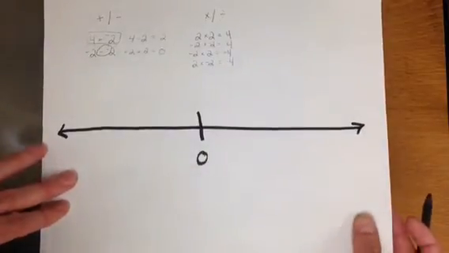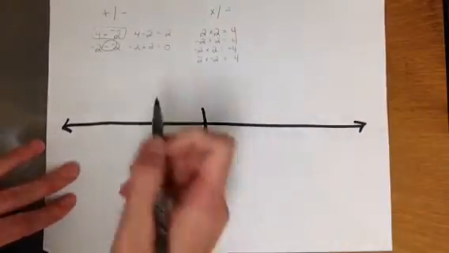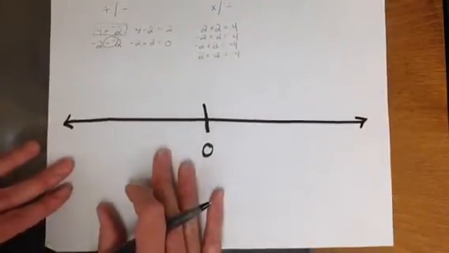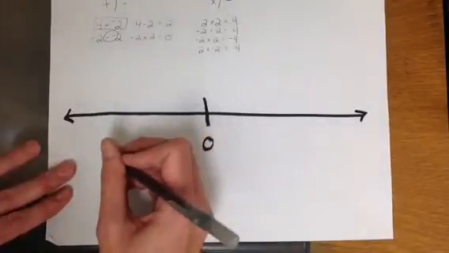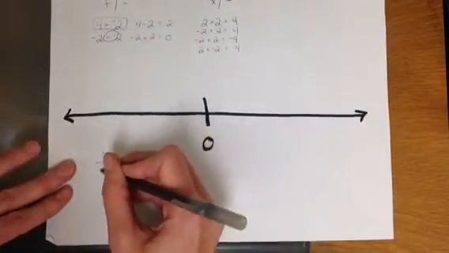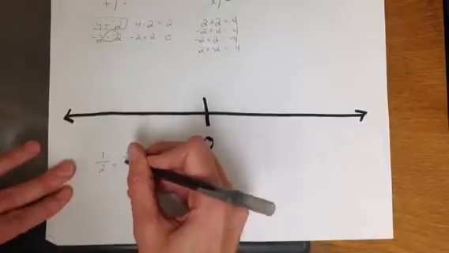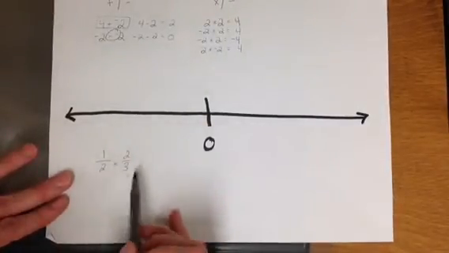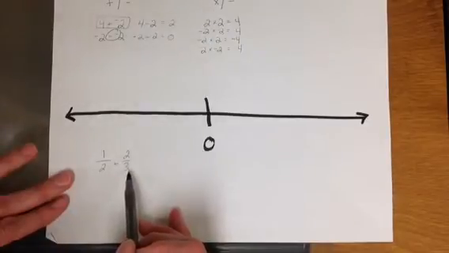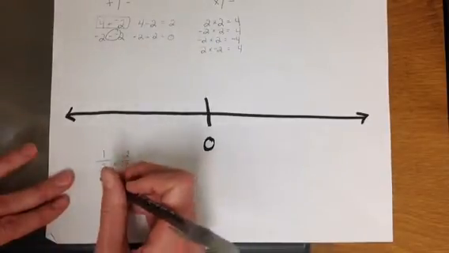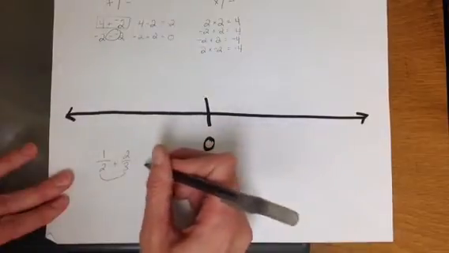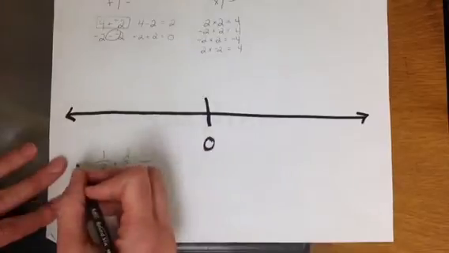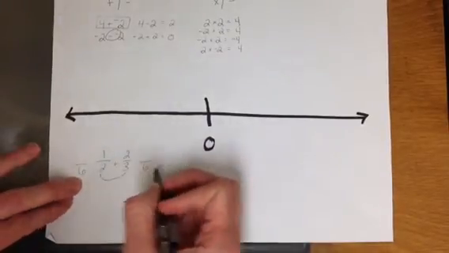So for example, a problem that they had on their worksheet was maybe similar to 1/2 plus 2/3. Now we know when we add or subtract fractions we have to get like denominators. The easiest way to do this is to multiply these together, and that would give us a common denominator of 6. And then we would need to change both of them to 6.